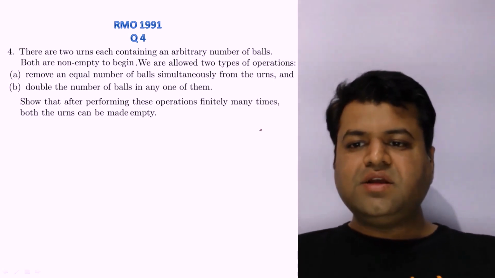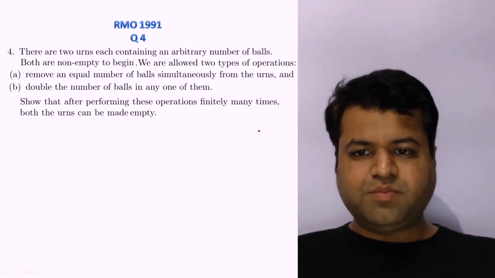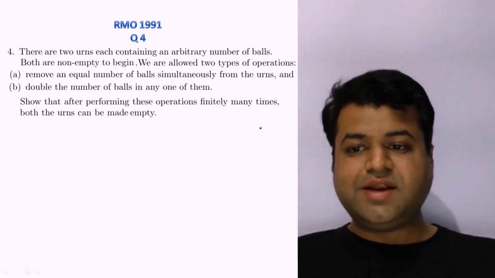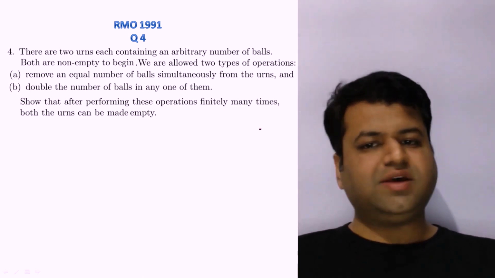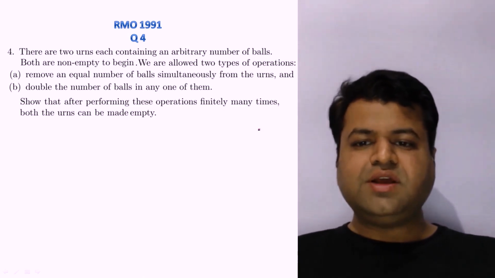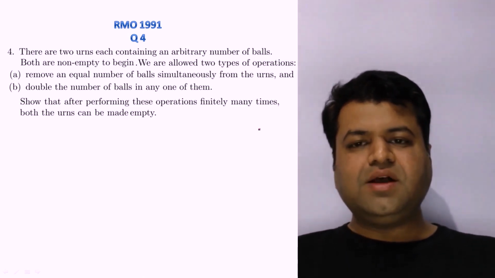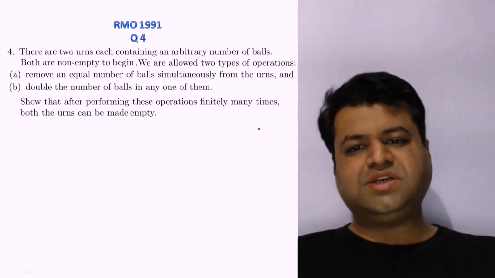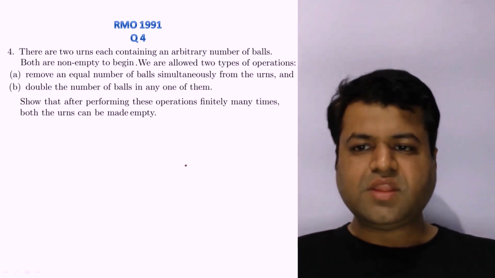We need to prove that after performing these operations finitely many times, both the urns can be made empty. This is a good question, and it doesn't require any mathematical knowledge. It is just a question of picking and dropping balls.